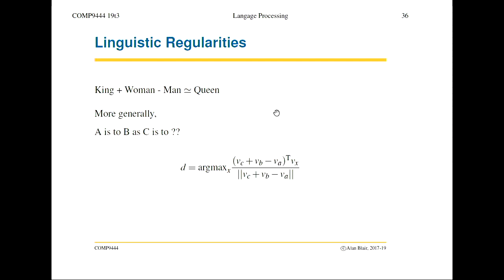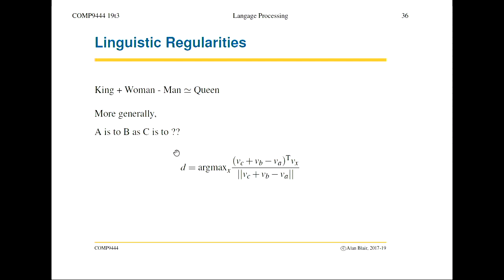It turns out that if you take the vector for king, add the vector for woman and subtract the vector for man, you get something very close to the vector for queen, which kind of makes sense. This is sort of what I mentioned at the beginning of teasing apart the different attributes. King and queen are similar words, but they differ in one respect, and they differ in the same way as man and woman. Another way of writing this would be king minus queen equals man minus woman.